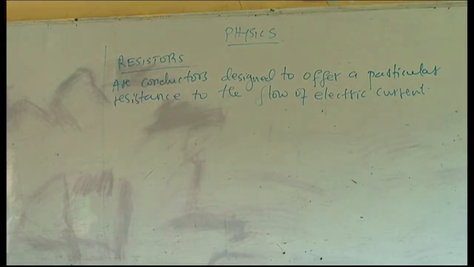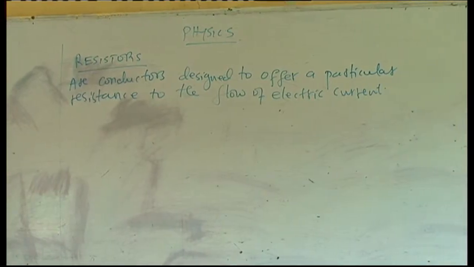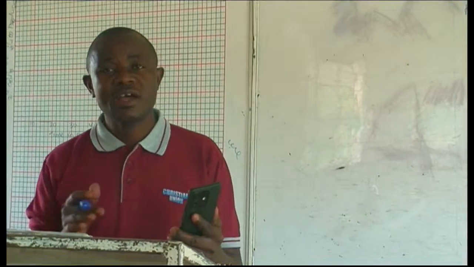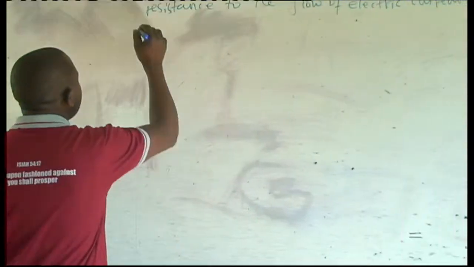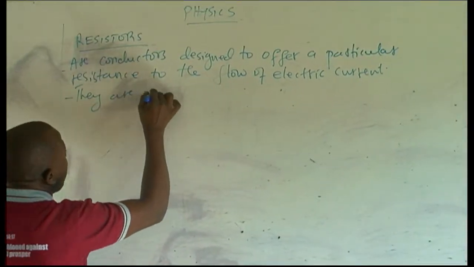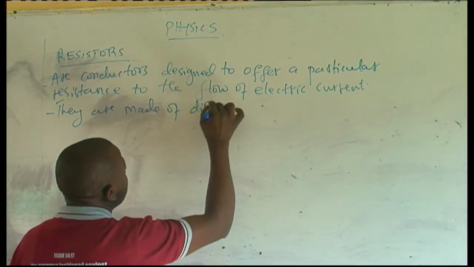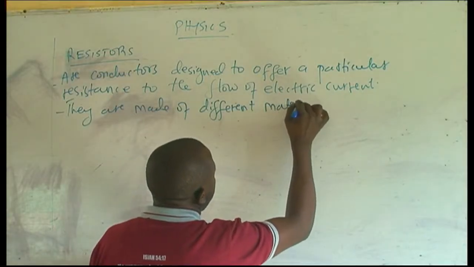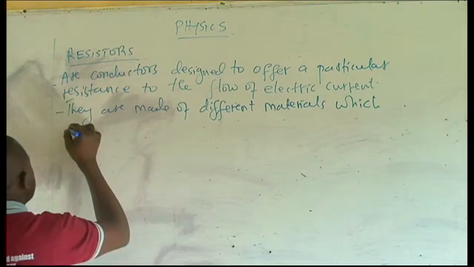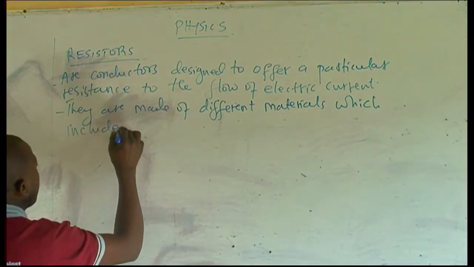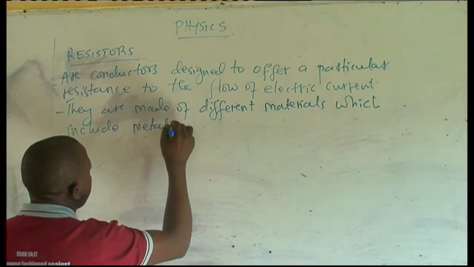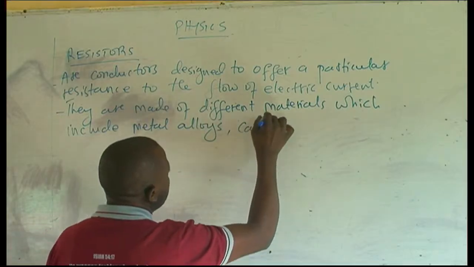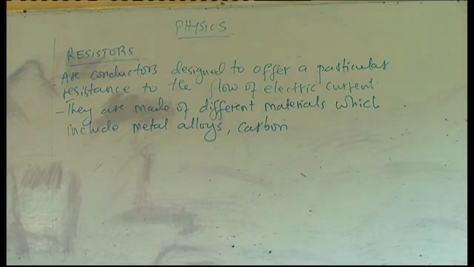Now, these resistors are made of different materials, which include resistance wires. We have carbon and even metal alloys. So they are made of different materials, which include metal alloys, carbon, and what we call resistance wires.